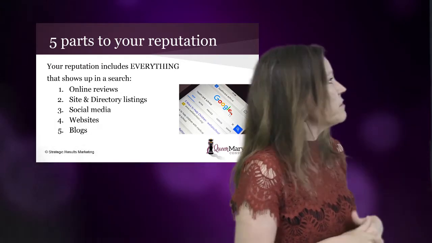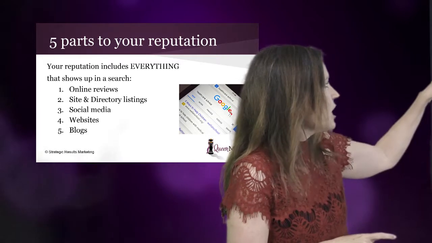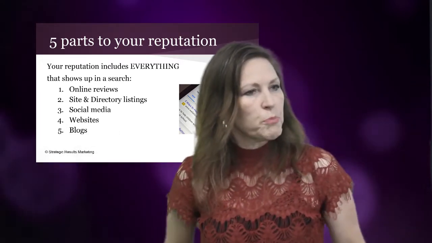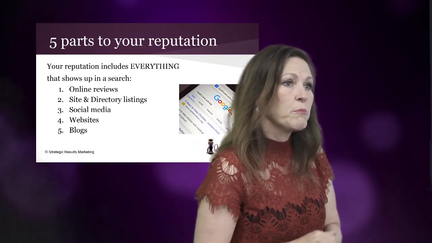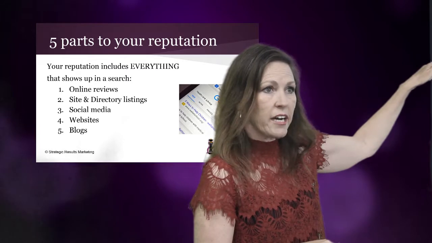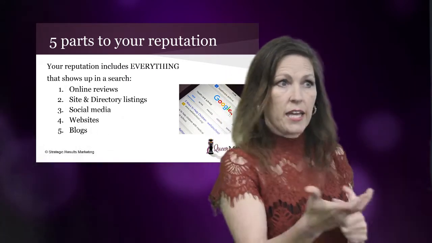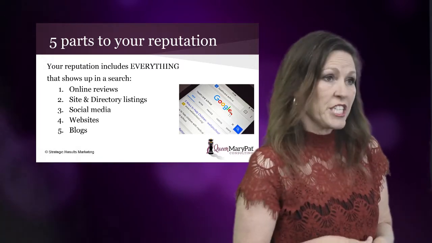So it's online reviews, it's site and directory listings, and I'm going to talk about that for a second. Yellow pages, we used to sit on that big huge book. Well, that book has gotten a lot smaller and they're even harder to come by because Yellow Pages is all online now. So if you have a phone, which everybody here does, and you've got it sitting out there, there's a listing with your information.